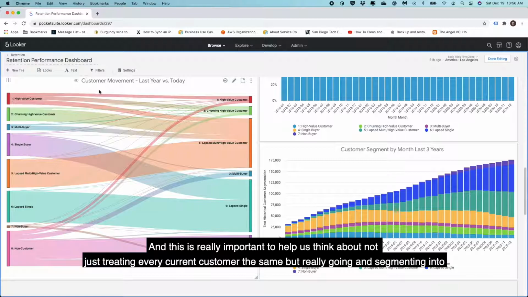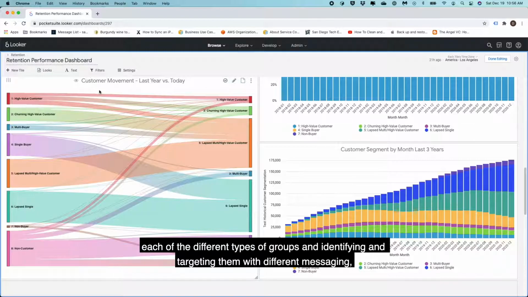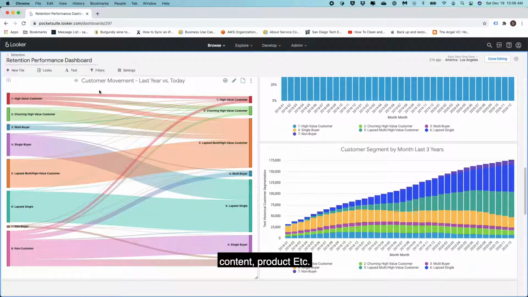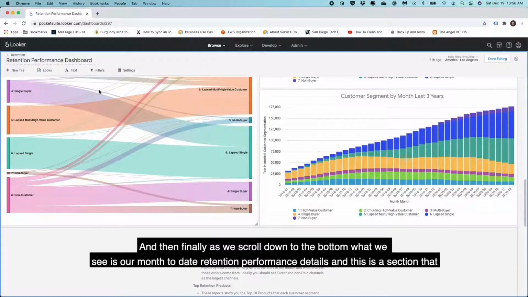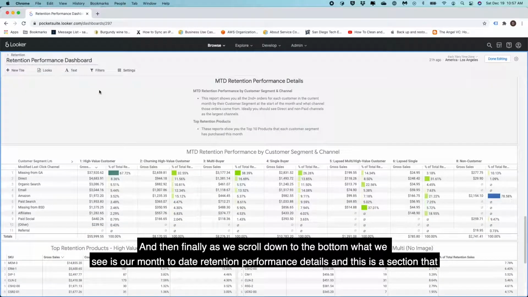And this is really important to help us think about not just treating every current customer the same, but really going and segmenting into each of the different types of groups and identifying and targeting them with different messaging, content, product, etc.